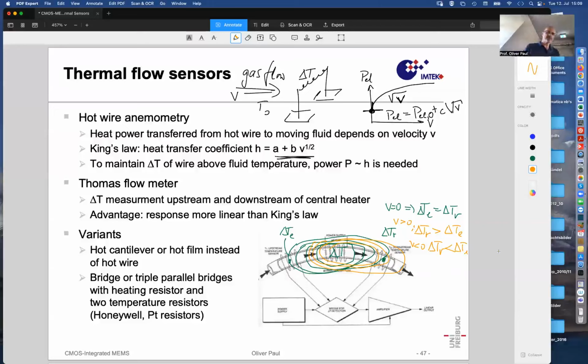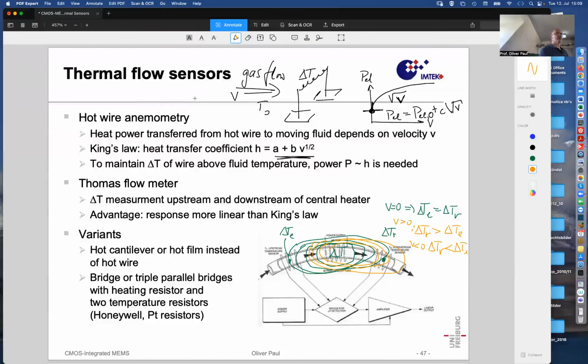And so this is the principle of many sensors, and especially hot cantilever, hot film. There were cantilever sensors that exploited this hot wire anemometer principle. Hold a cantilever into the stream, heat it at the front, measure its temperature, and then try to keep its temperature constant by adapting the heating power at the tip.